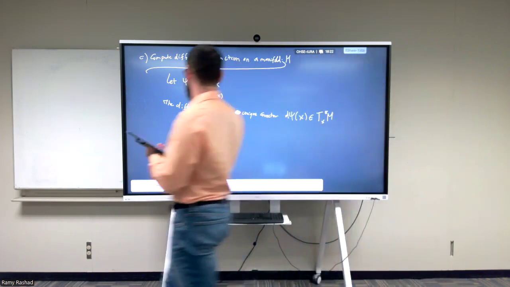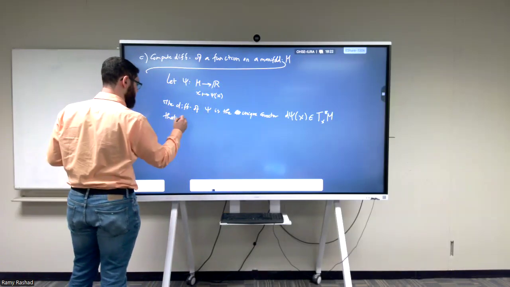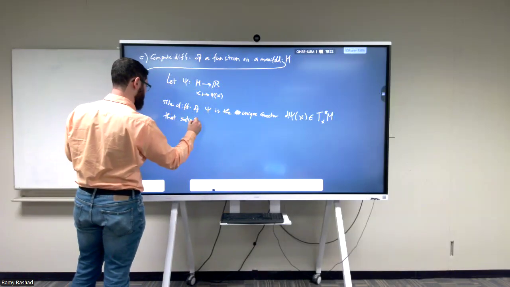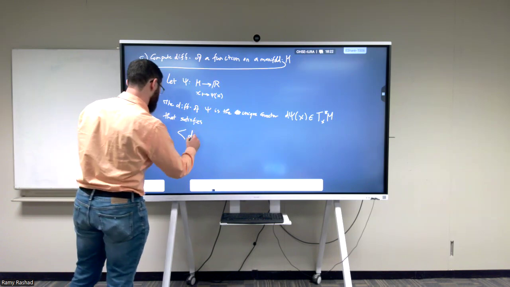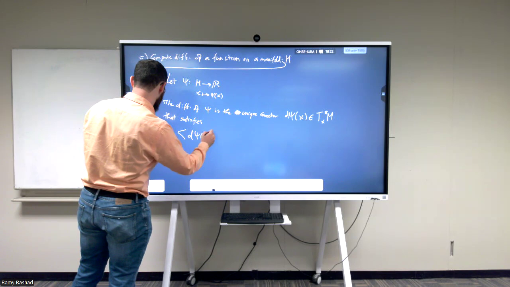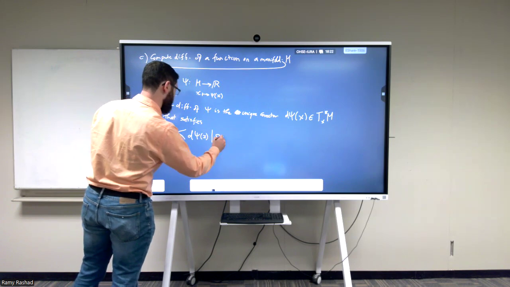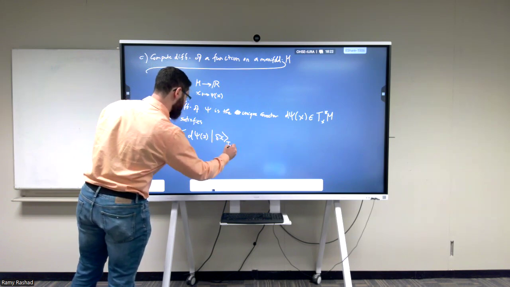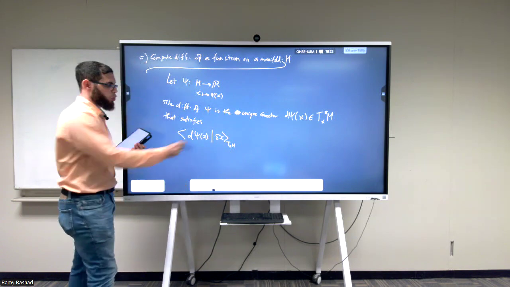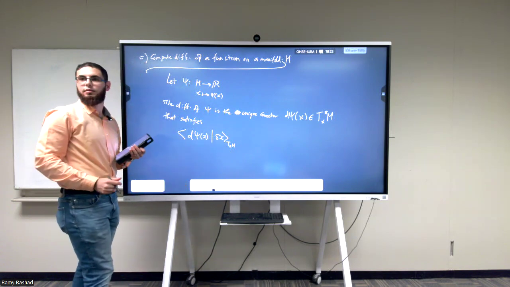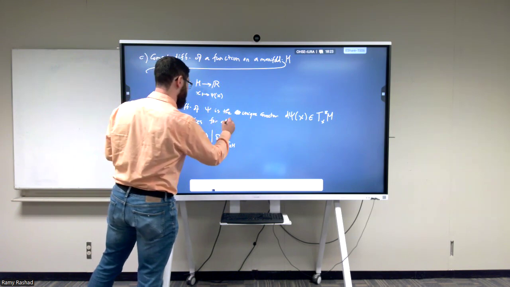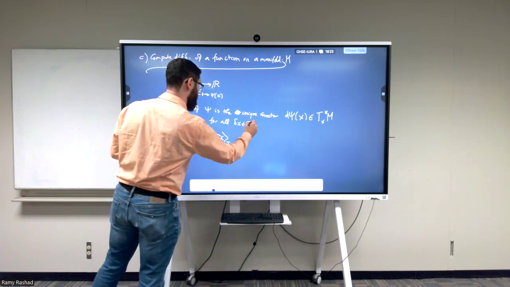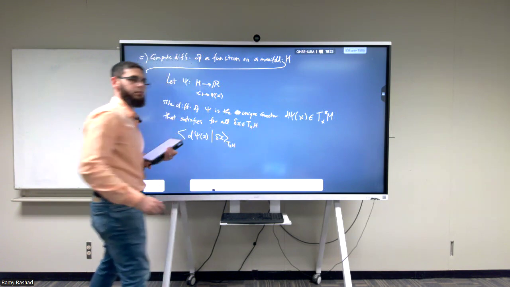That satisfies that the d psi of x paired over the tangent space to the manifold at the point x. So where is this delta x living? So that satisfies for all delta x that lives in this tangent space.